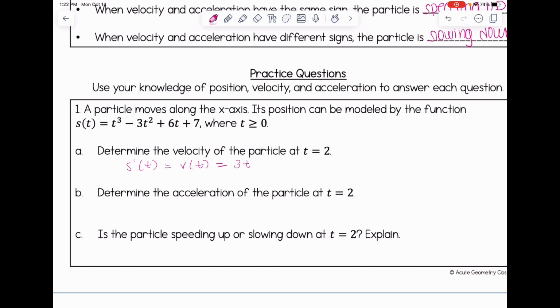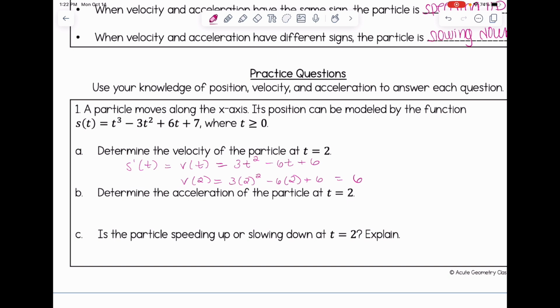That would give me 3t squared minus 6t plus 6. If I want to evaluate that at 2, I'm going to plug 2 in every time we have a t in our function. Let's simplify that. We have 3 times 2 squared, or 12, minus 12 plus 6. So the velocity of the particle would be 6.